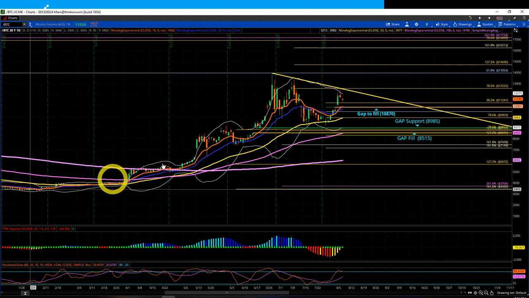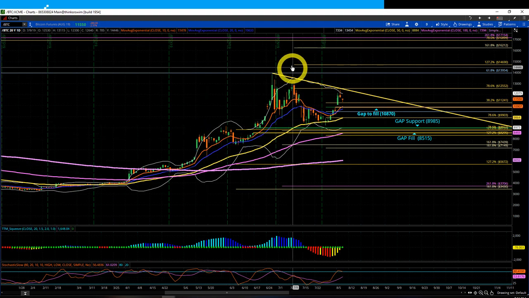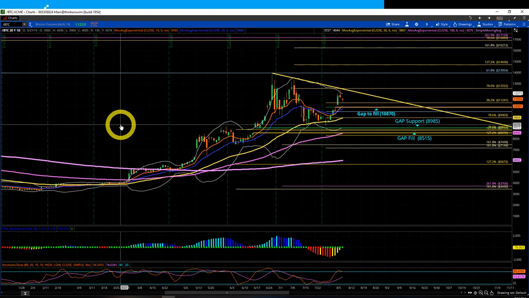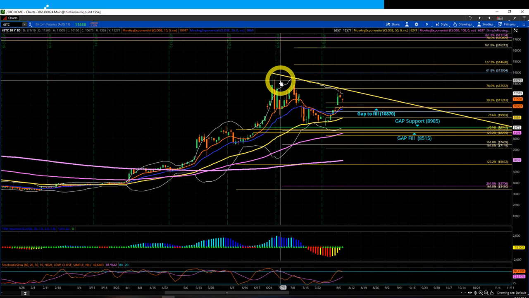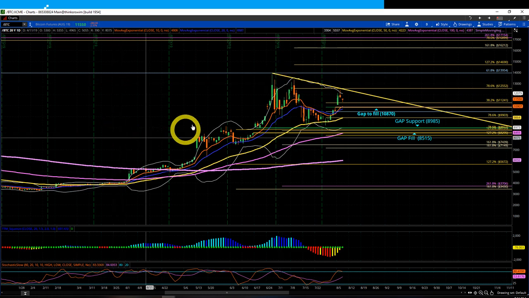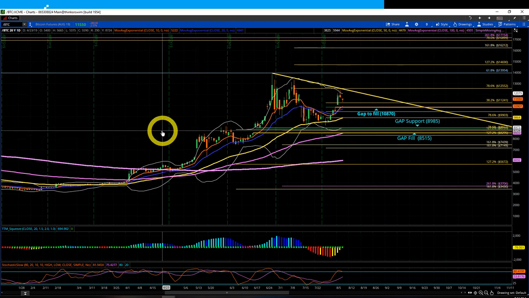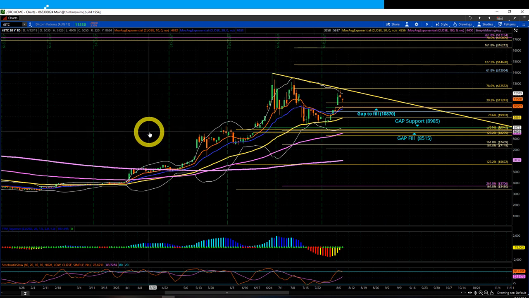So when you get parabolic moves like Bitcoin had, those types of things don't last long. And when you start to get a move down, and you cannot make a higher high, right, then you start a bearish trend.